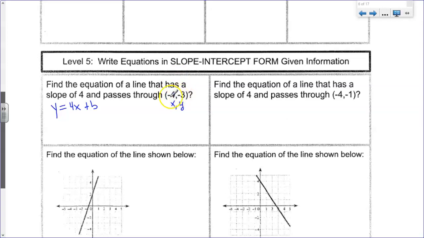So I can plug in what I know. I know x is negative 4, y is negative 3. So negative 3 in place of y, and negative 4 in place of x. And now I have one unknown, so I can solve for b. So that's going to give me negative 3 equals negative 16 plus b. I'm going to add 16 to both sides.